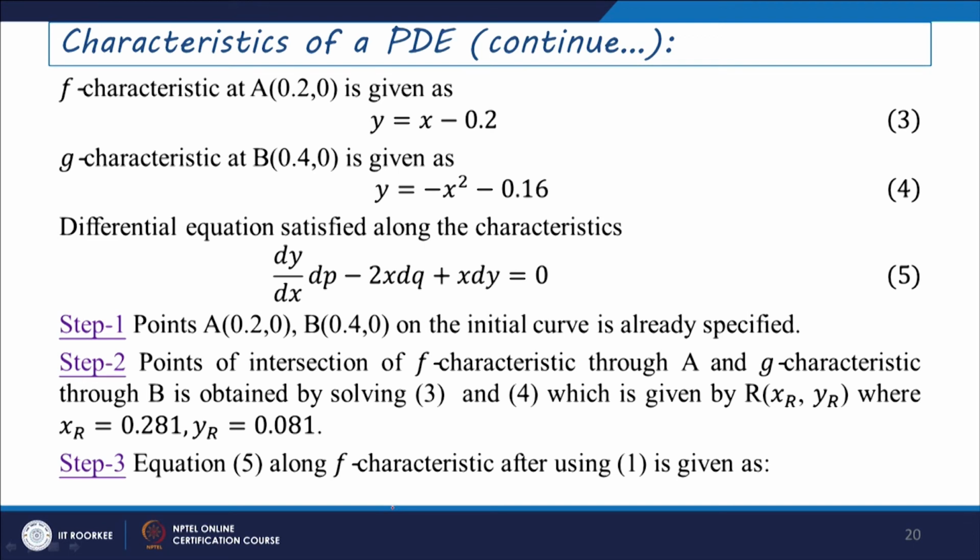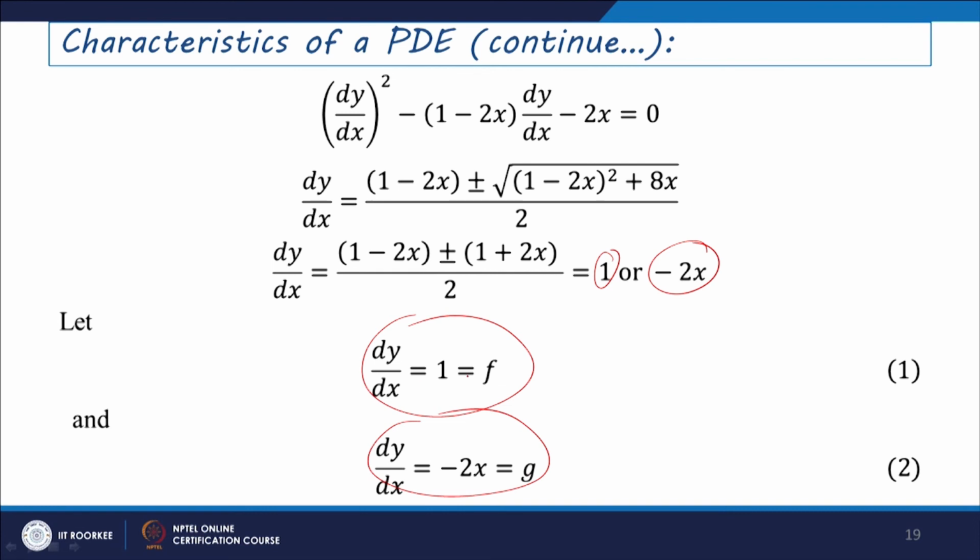Since we are integrating dy along x, the range varies such that YR minus YA is nothing but FA into XR minus XA.